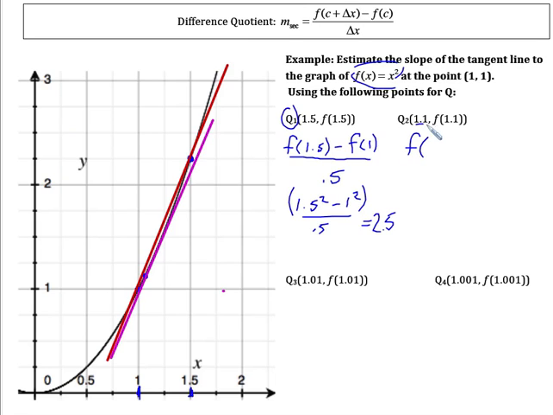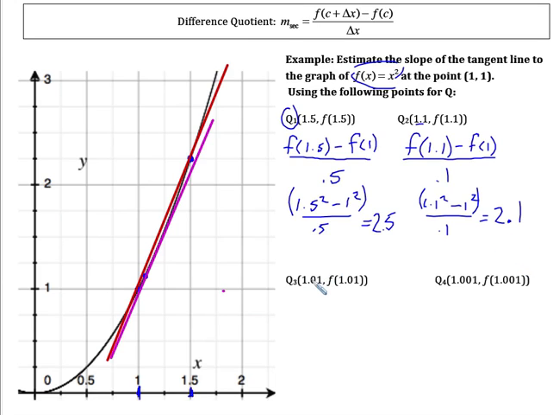So f of c plus delta x, that's just 1.1, minus f of c, which is f of 1, over delta x, and we said we're 0.1 away now, so that's our delta x. Okay, so we're just going to go ahead and plug these into our function. We get 1.1 squared minus 1 squared over 0.1. We'll plug this into our calculator, and we get 2.1.